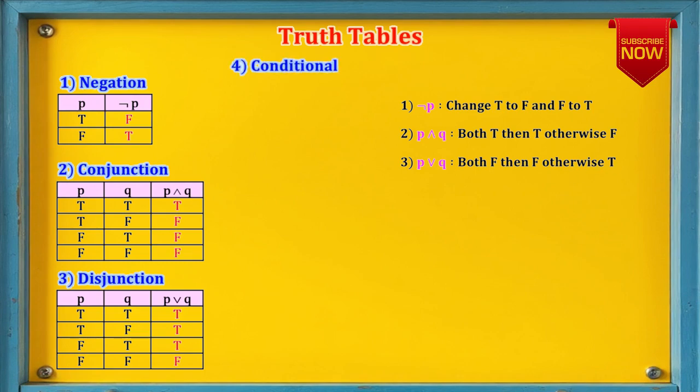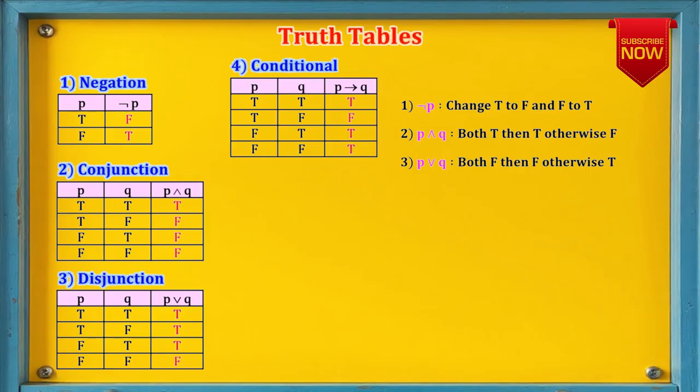Next, fourth one, conditional statement. Consider two statements, P, Q, that is TT, TF, FT, FF. The conditional is denoted like this, P then Q. Single arrow mark, we say that P then Q. Here, if the first statement is true and the second statement is false, then the answer is false, otherwise true.